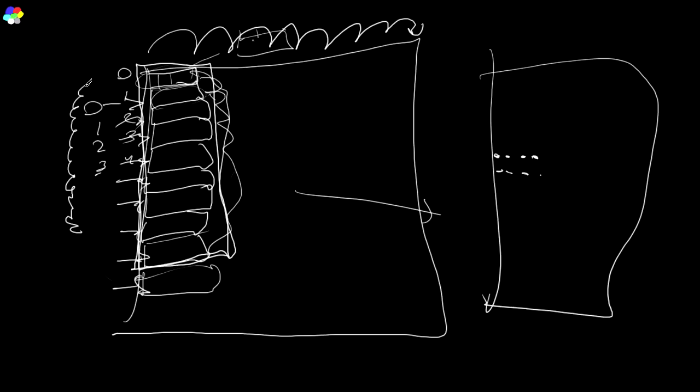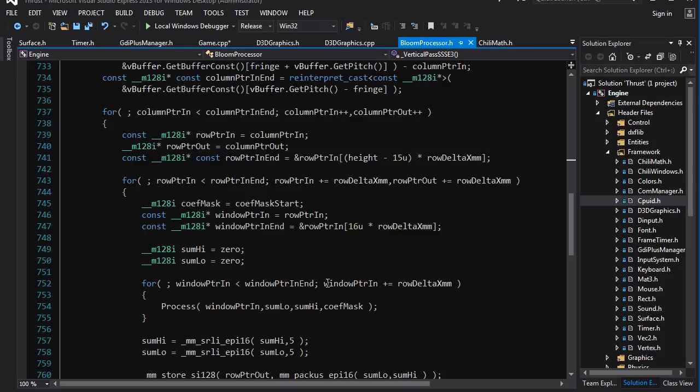And the loop outside of that is looping through the start of the window. So it's looping through the columns, if that makes any sense whatsoever.